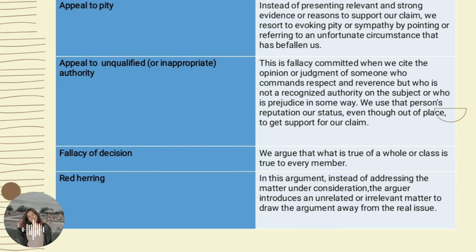Appeal to unqualified or inappropriate authority. This is a fallacy committed when we cite the opinion or judgment of someone who commands respect and reverence, but who is not a recognized authority on the subject or who is prejudiced in some way. We use that person's reputation or status, even though out of place, to get support for our claim.